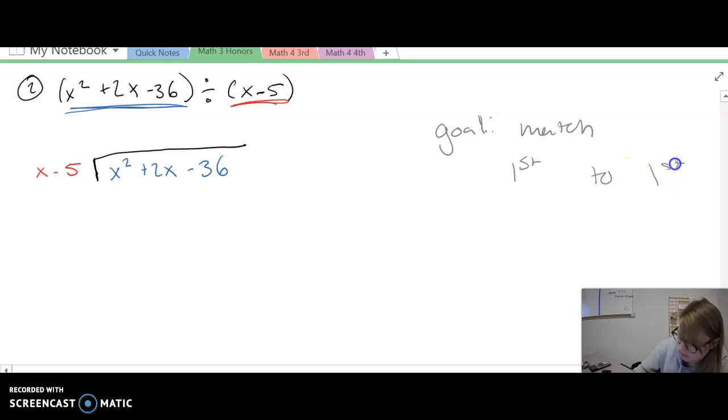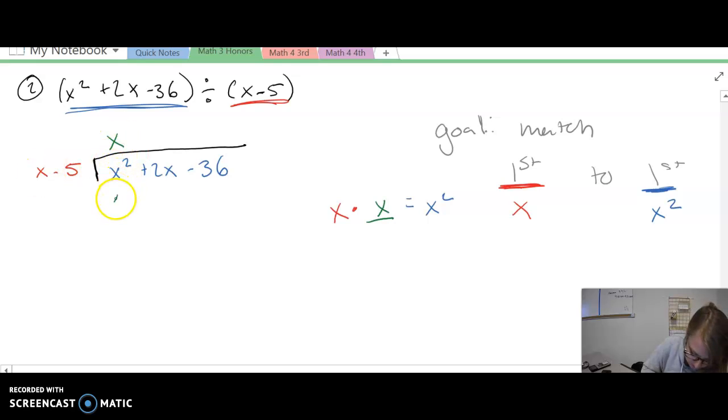to first term. So our first term of the divisor is x, and the first term of the polynomial is x squared. So we need to get x multiplied by what will equal x squared. Well, x times x will give us x squared. So x goes up on the top, and then x times x is x squared.